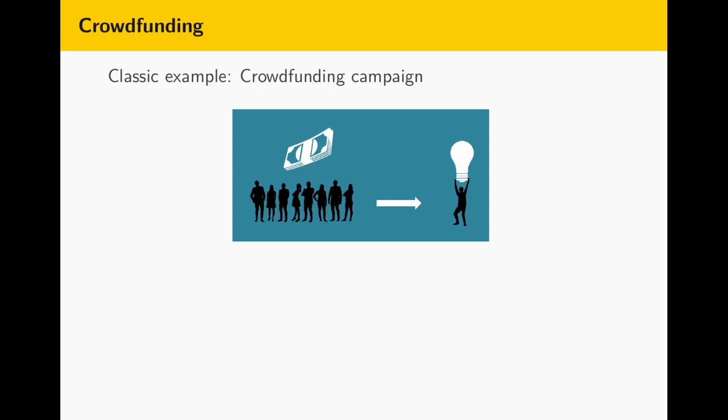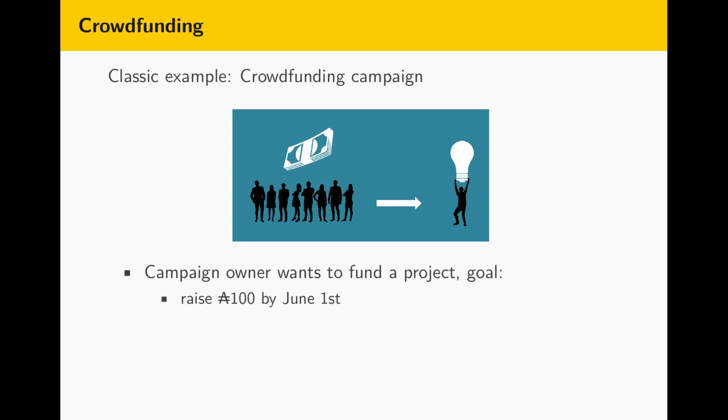A classic example is that of a crowdfunding campaign. Imagine somebody has a great idea, and this person now wants to fund a project. So they set a specific goal. They want to raise a target amount of ADA by a specific deadline.